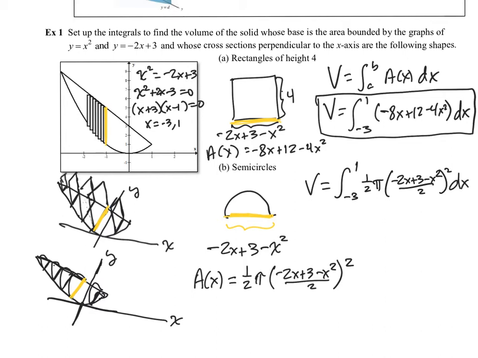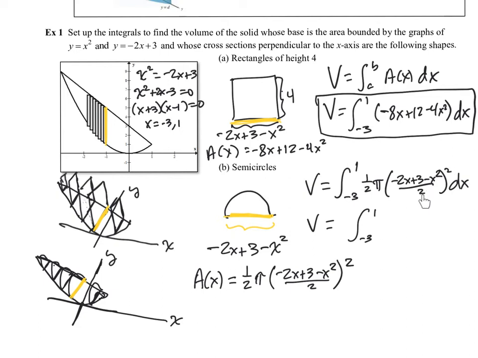And then I'm going to simplify this a little bit, because remember, constants can all be pulled out in front of the integral. So in front of our integral going from -3 to 1, I'm going to take this 1/2 pi and pull it out in front. And then I'm also going to take this denominator of 2 that's being squared. 2 squared is 4.